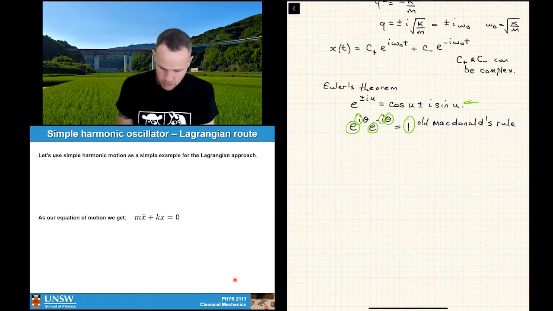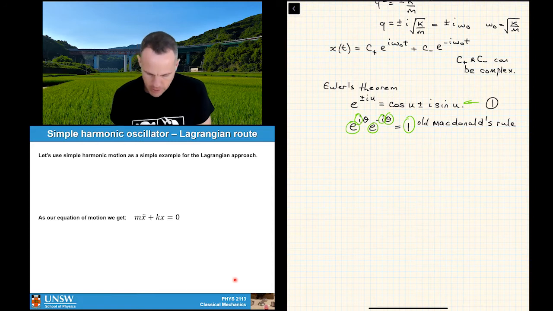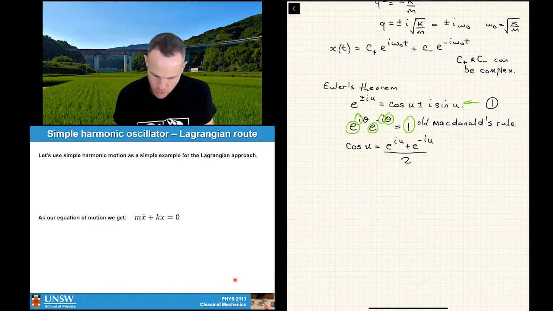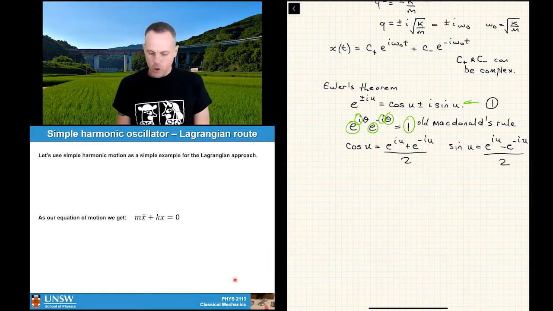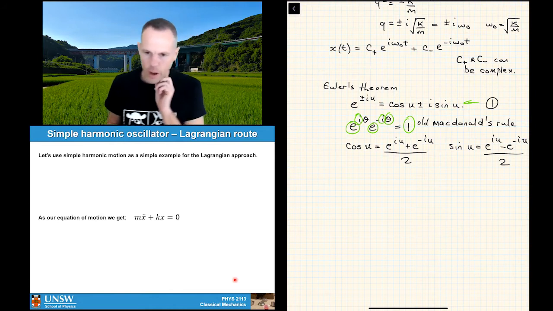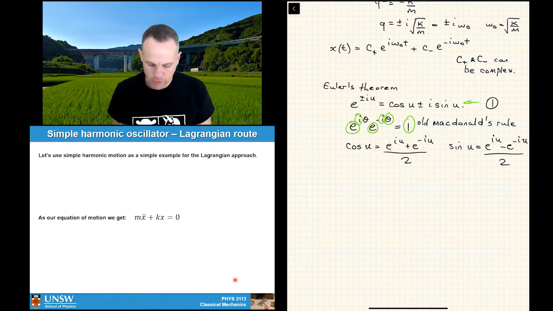Anyway, you can recast this into two forms. cos u is e to the iu plus e to the minus iu, on 2, and sine u is e to the iu minus e to the minus iu, on 2i. And of course you can prove for yourself that those match equation 1 that I put just above.